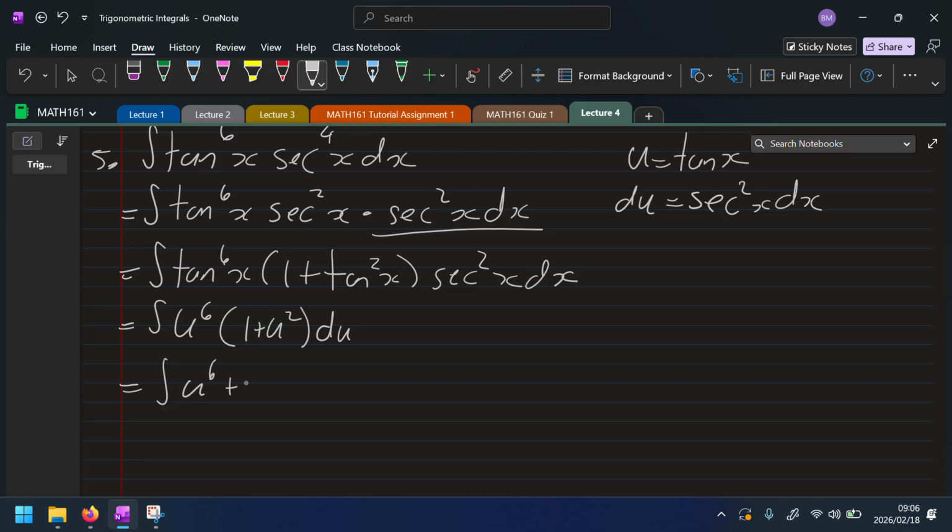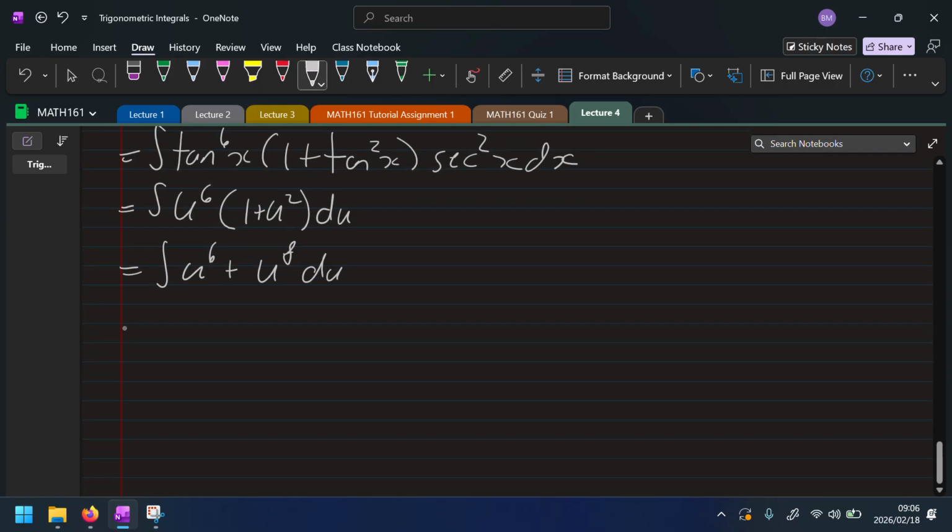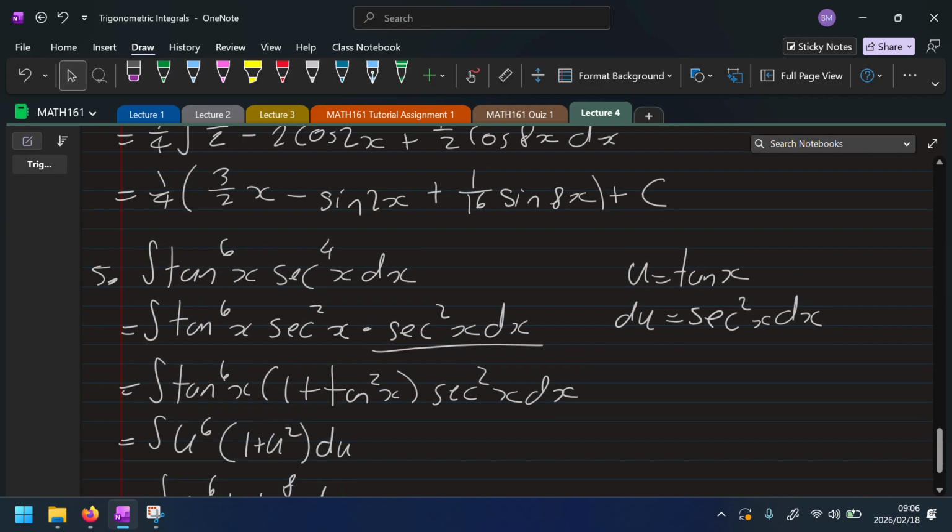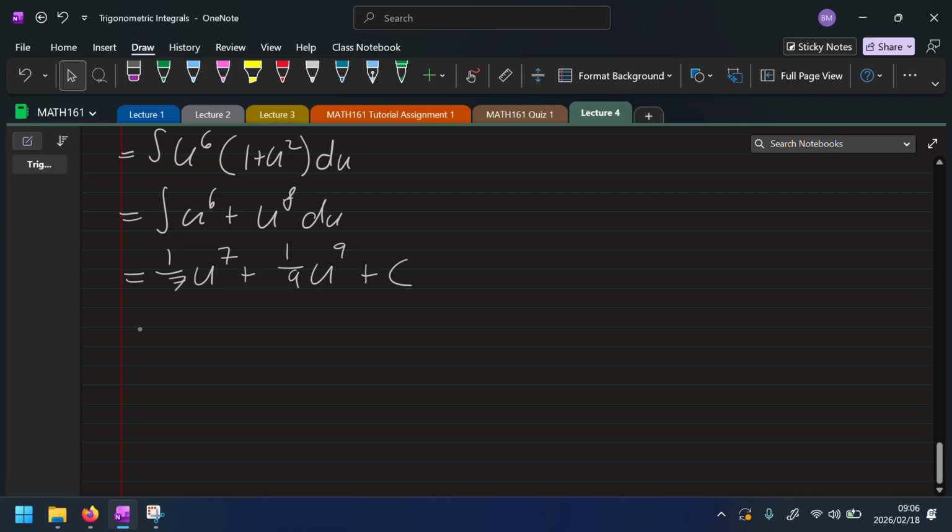So that will be u to the 6 plus u to the 8. Okay, so very easy. 1 over 7 u to the 7, and 1 over 9 u to the 9. Okay, and remember u was tan, so we can just put that back, and then we're done.